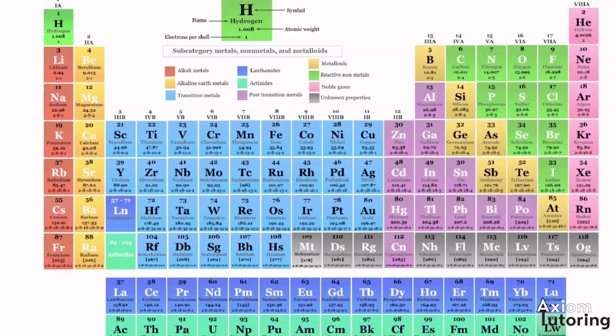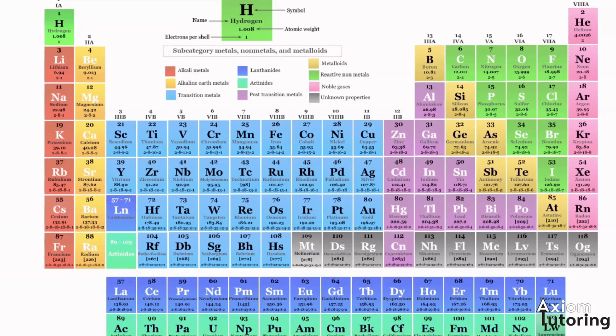Electrons don't just orbit around the nucleus in a random fashion, but they fill specific energy levels. And in the periodic table, the elements have already been arranged based on the energy level that their electrons fill.